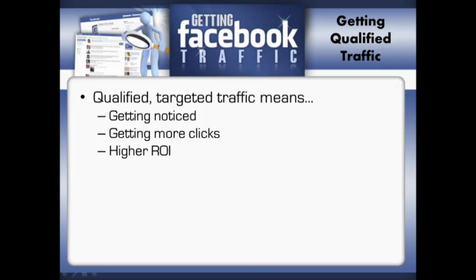Once they get there, they're going to be much more likely to buy what it is that you're selling because we already know that they're interested in it. That's why they even saw the ad, and that is why they clicked on it. So the likelihood that they're going to make a purchase, pretty good. This is what we're talking about when we talk about qualified traffic, when we talk about high quality traffic.